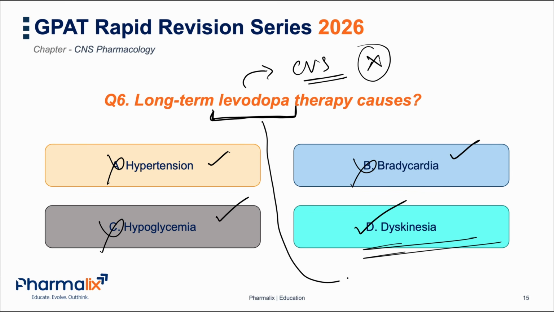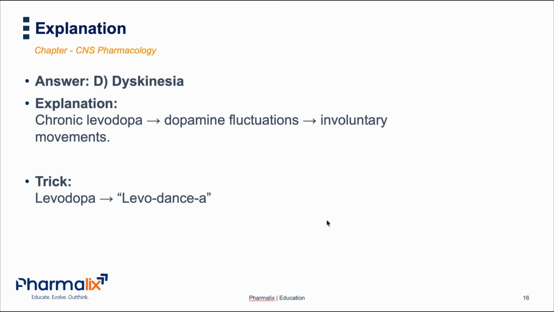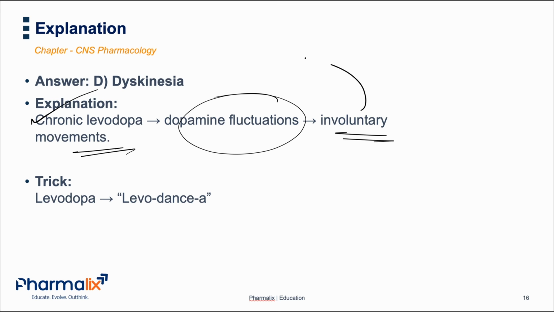Whenever you read about Alzheimer's and other CNS related chapters, there you will find levodopa. Such questions are sometimes asked, and you can do them very simply. The correct answer is dyskinesia. Chronic levodopa causes dopamine fluctuations, and the involuntary movement caused by levodopa is called dyskinesia.